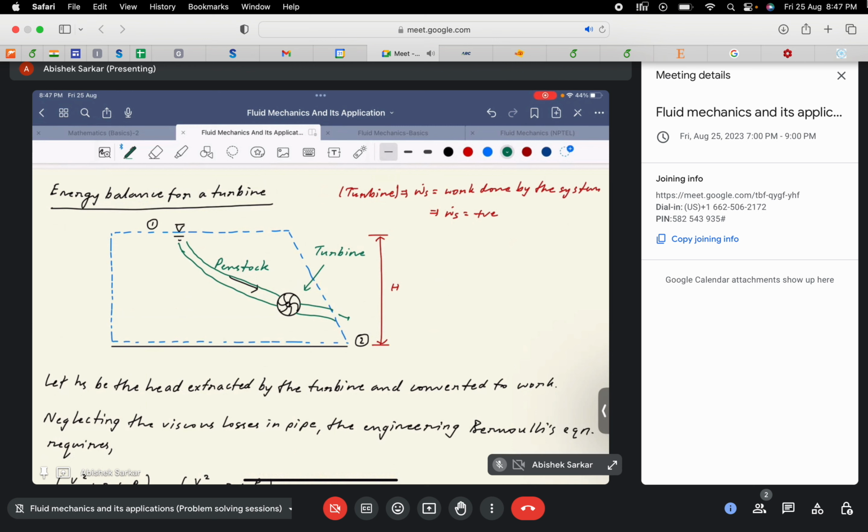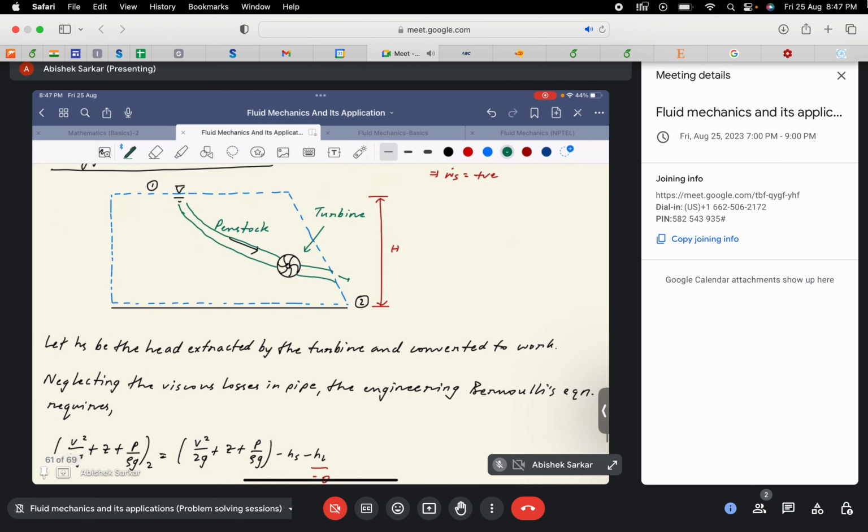Keeping that in mind, we take this blue dotted line as our control volume, and here let HS be the head extracted by the turbine and converted into work. Again, neglecting the viscous losses, because the order of magnitude of viscous losses is much less compared to the shaft work obtained from the potential energy of the fluid.